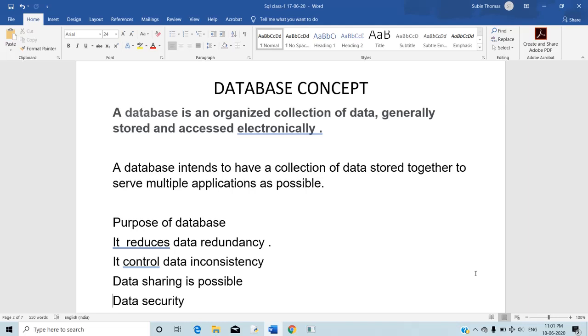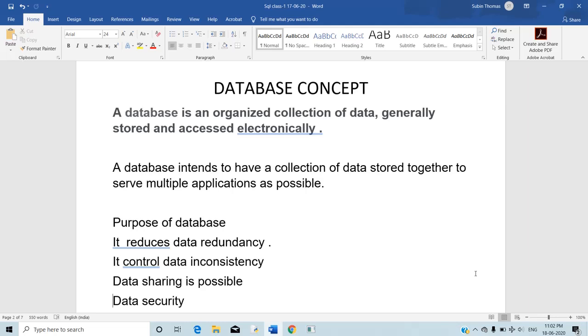And the second thing, it controls data inconsistency. Data inconsistency means, if your database does not have data redundancy, that means data duplication is not there, then automatically data inconsistency will also be controlled. That means data is stored in a single location.